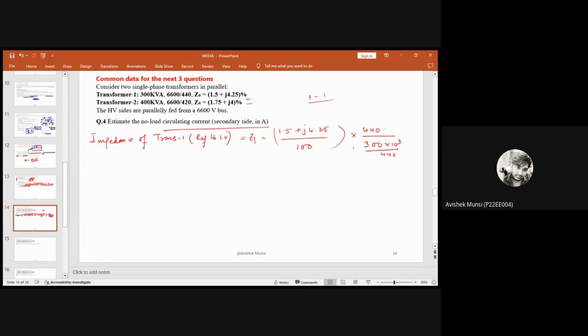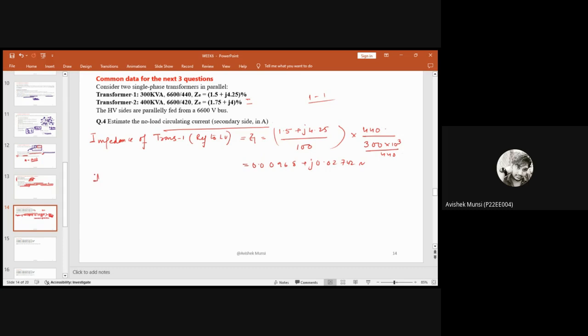So this is basically Z1. If we calculate it, it will be around 0.02742.